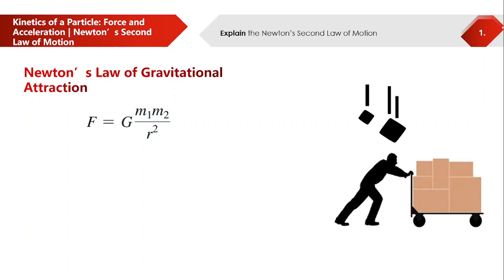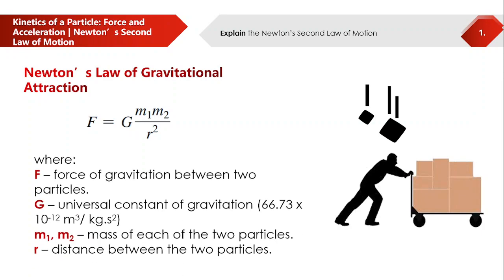Anyways, the formulation of Newton's law of gravitational attraction is force is equal to G times M sub 1 times M sub 2 all over R squared. Where F is the force of gravitation between two particles.